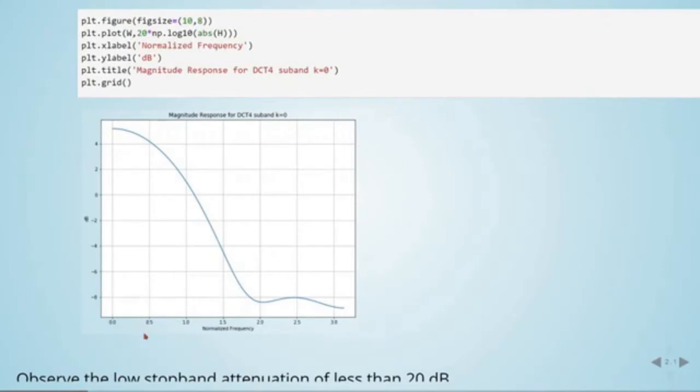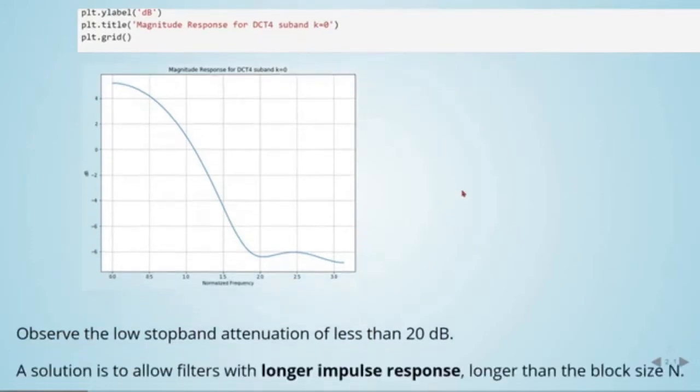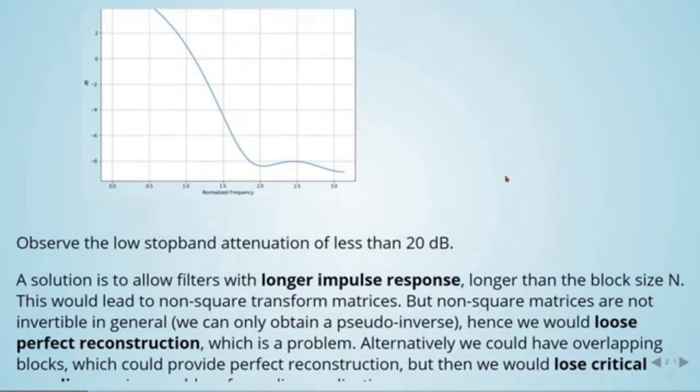Here we have our normalized frequency going from 0 to pi, and here we have our magnitude in dB. So observe the low stopband attenuation of less than 20 dB. A solution is to allow filters with longer impulse responses, longer than the block size N.